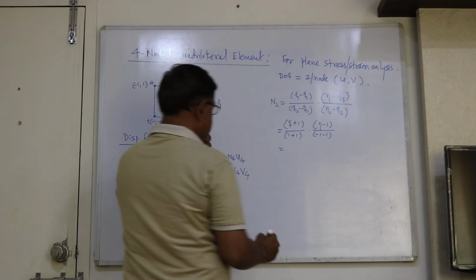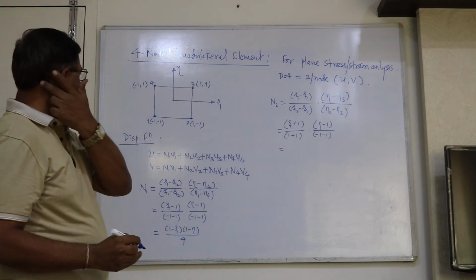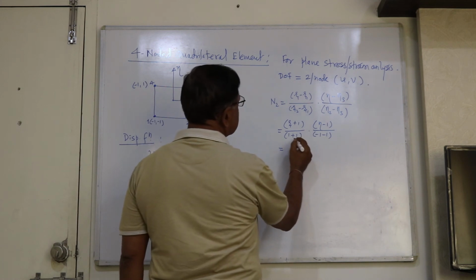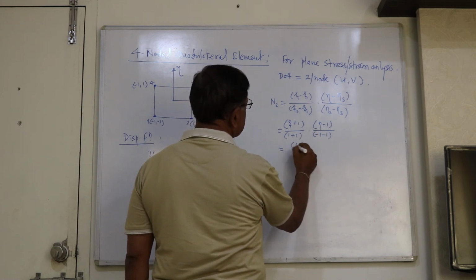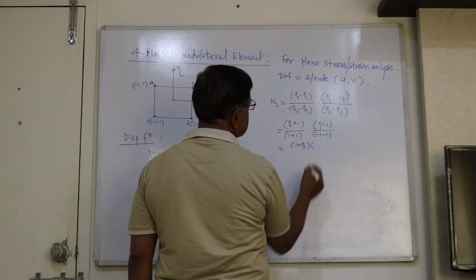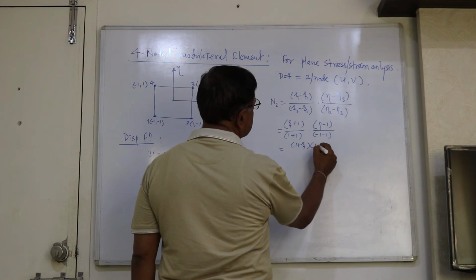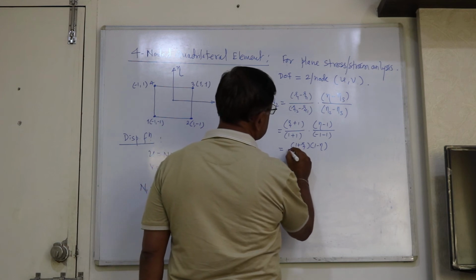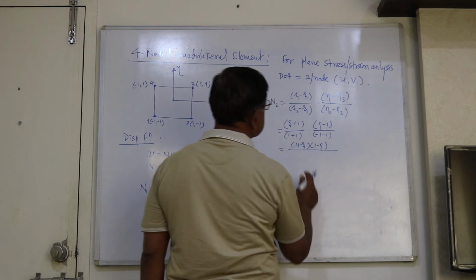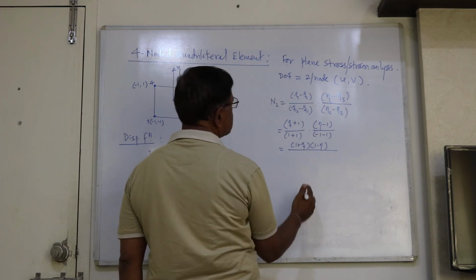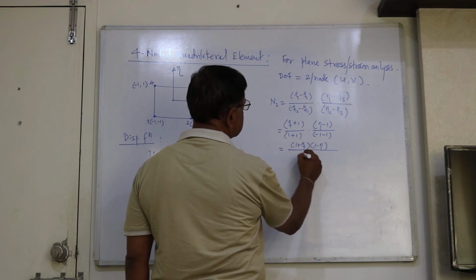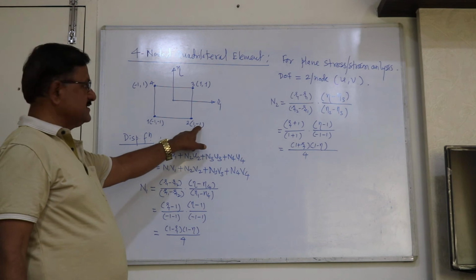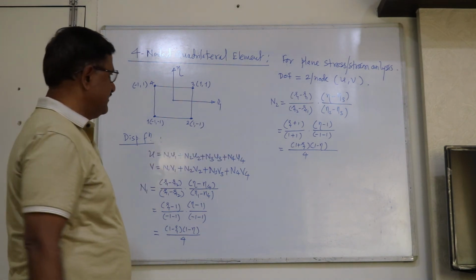Now by rearranging, the negative comes outside the bracket, and the minus becomes plus, so this is 4. So 1 plus xi, 1 minus eta, divided by 4.